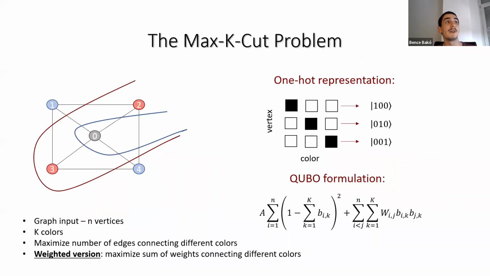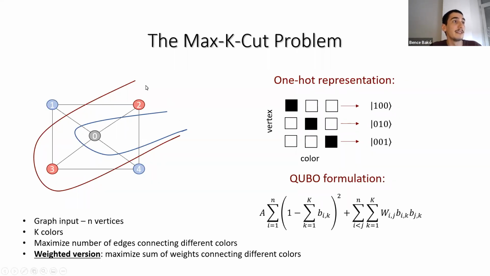But first, let's see our problem of interest, which is the max K-cut problem. Given a graph with n vertices, we want to color it with K colors. The goal is to maximize the number of edges connecting different colors, or in a weighted graph, to maximize the sum of weights of edges connecting different colors.